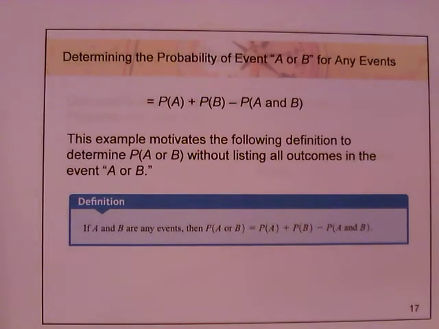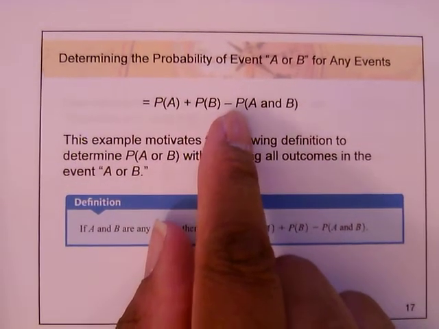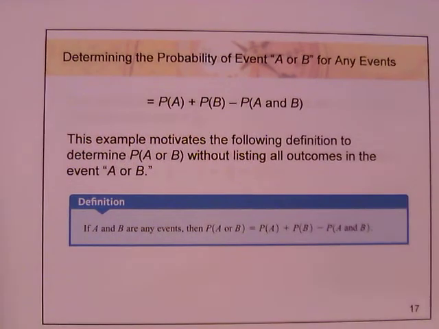So here, that's going to give us the probability of event A plus the probability of event B minus the probability of event A and B. So here we worked backwards on this particular problem to show you another formula for finding the probability of two events A or B if you don't have mutually exclusive events here.